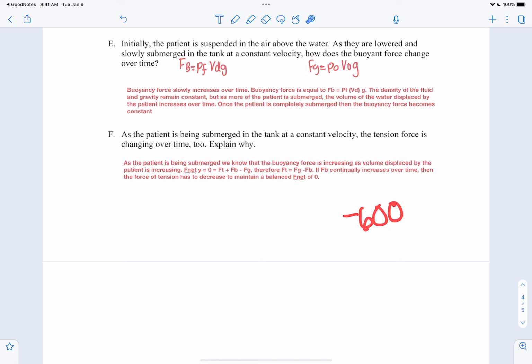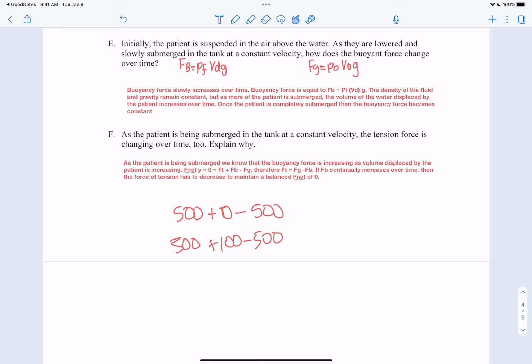Well, if Fb is 0 initially and Ft is 500, then 500 plus Fb, which is 0, minus 500 for our gravity, is 0. If Fb starts to increase, let's say to 100 now, minus 500, you can see here that this gives us a net force positive of 100. We can't have that.